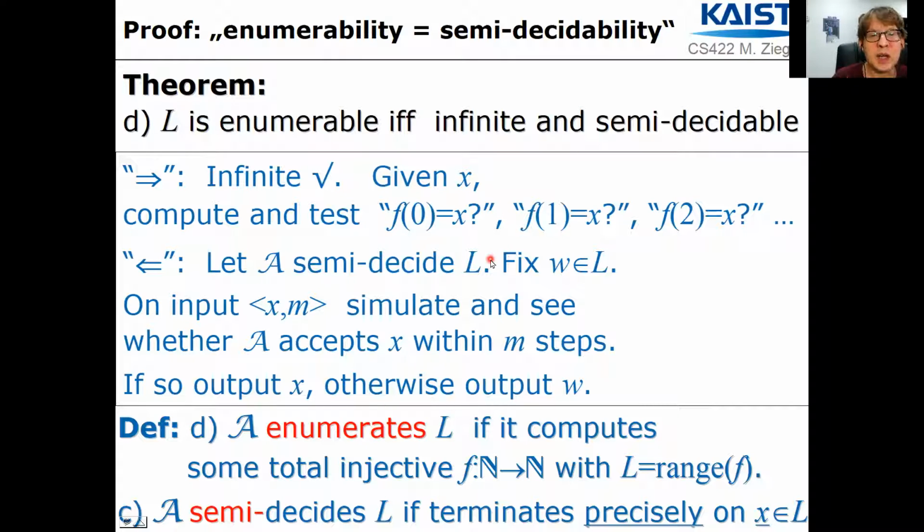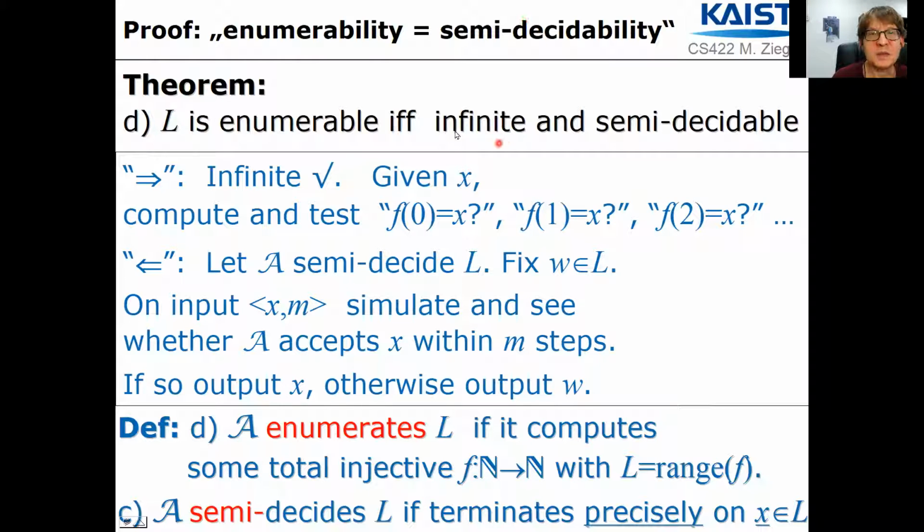We've taken our algorithm A that semi-decides L and converted it into an algorithm that computes a total function whose range coincides with, that is exhausts but does not exceed, the decision problem L. End of the proof, right?